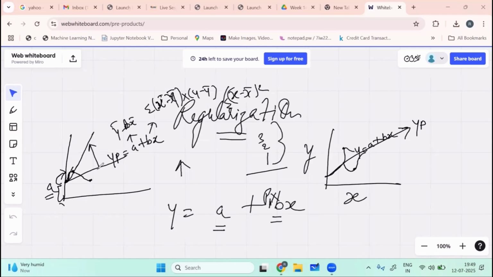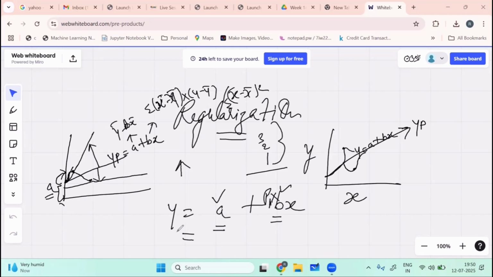How to bring this slope down? This is a slope, which is b. Again there are two ways; constant a also will go down. So there are two possibilities: optimizing a and b.